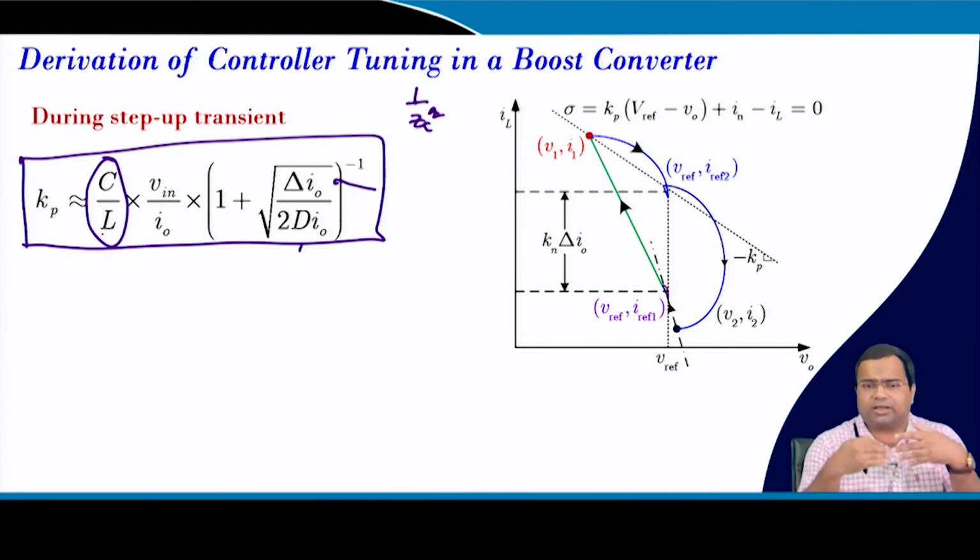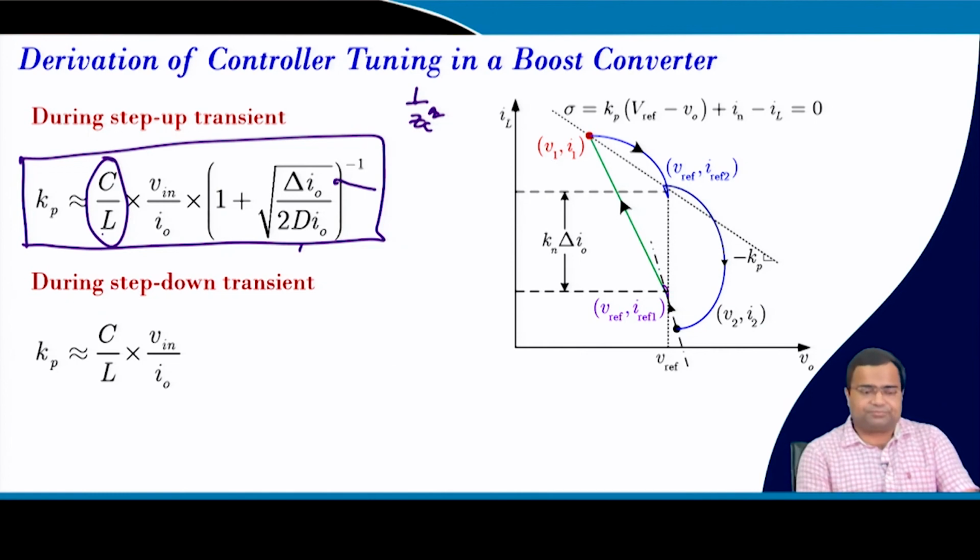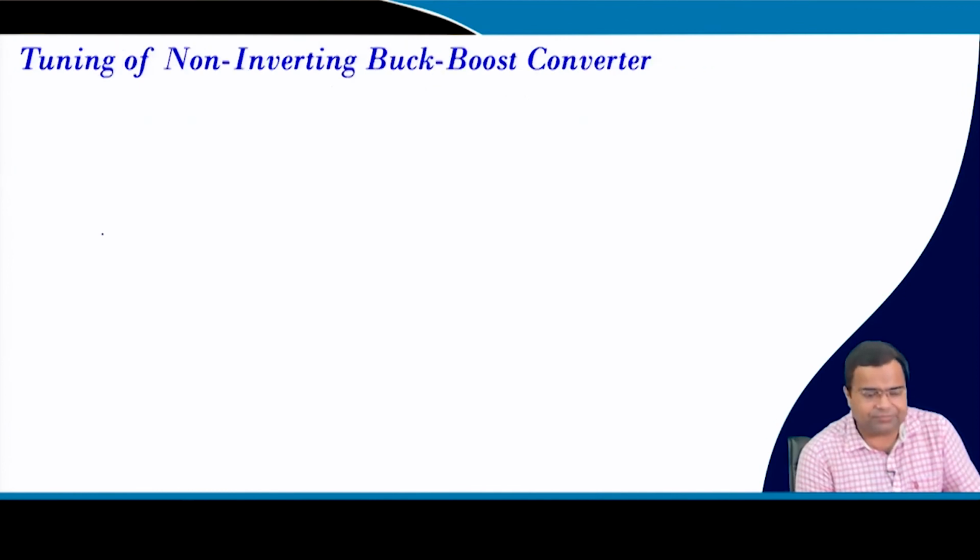If we go for an LED driver, then again the load current can be obtained, because in LED driving we have to go for PWM dimming, where the actual nominal current we know, and when we are going to turn on and off, that signal is also generated from our controller. So, by taking the status of the signal, we will know the load step size, because we know the nominal current. It is possible. And for step down transient, it is simply C by L Vin by I0.